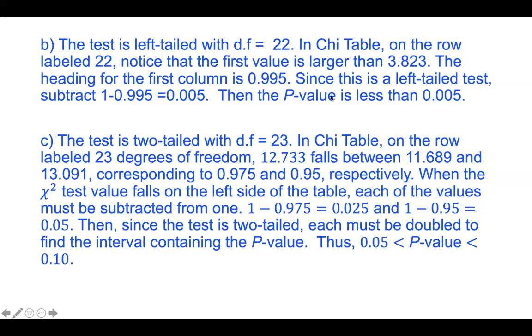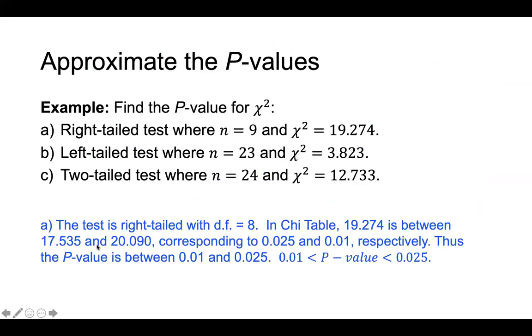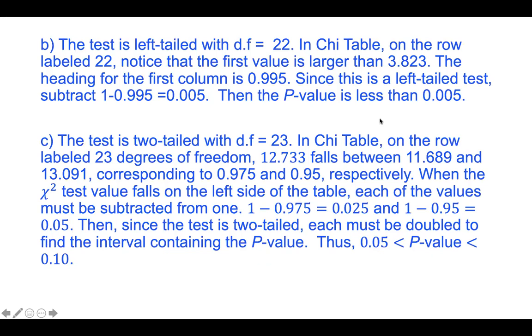The last one is a two-tailed test where n equals 24 and our chi-squared is 12.733. We know it's a two-tailed test because the question gives it, and the degrees of freedom is 23.